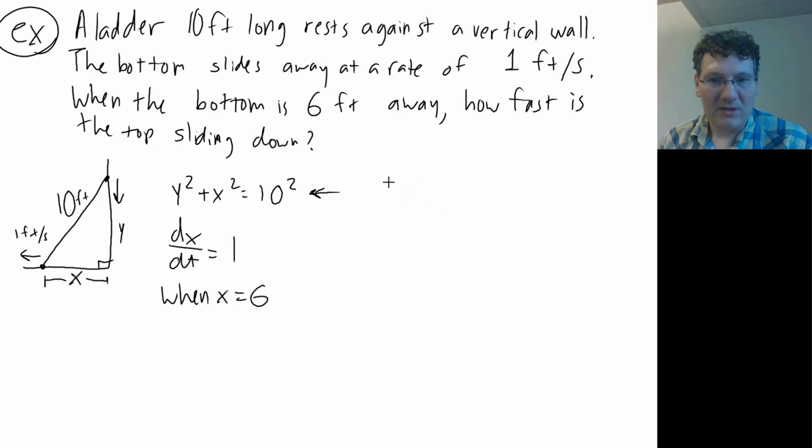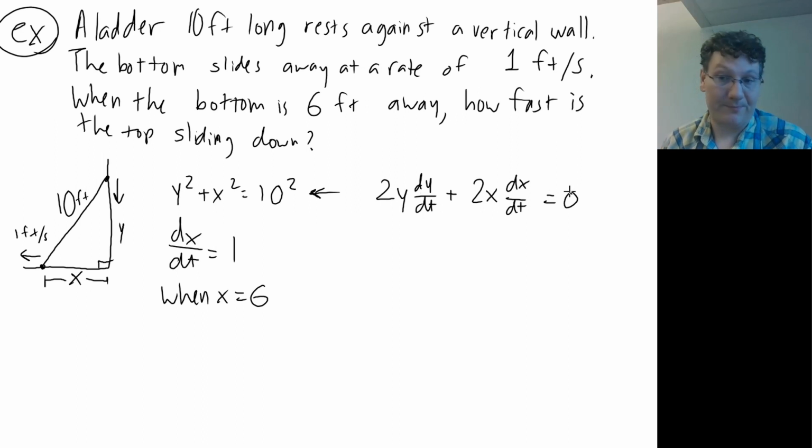So we're going to have 2y dy/dt plus 2x dx/dt equals 0, because the derivative of the right-hand side is 0 because it's constant. So I'm going to plug in the missing pieces.